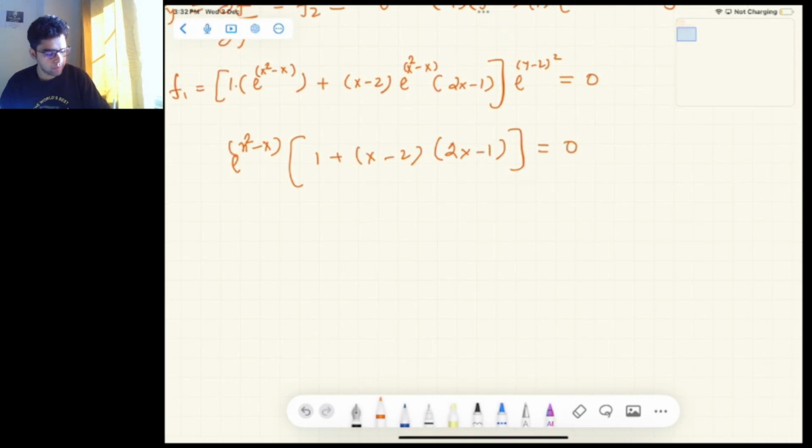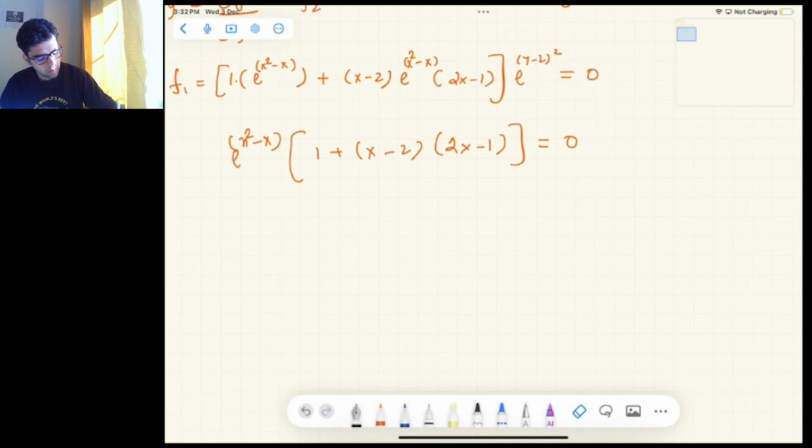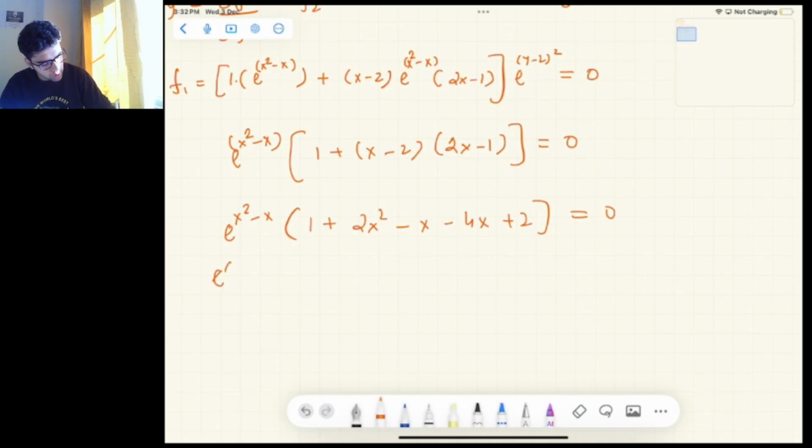They've given it as an example, right? So e^(x square minus x) times (1 plus 2x square minus x minus 4x plus 2), which is equal to 0. So it becomes 2x square minus 5x plus 3. Let me check: 2x square minus x minus 4x plus 2 plus 1 is 3, yes.